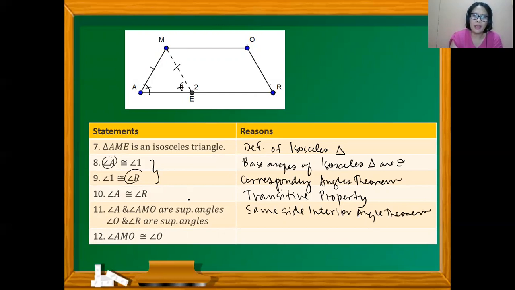So we can say that angle AMO is congruent to angle O. Why? Supplements of congruent angles are also congruent.